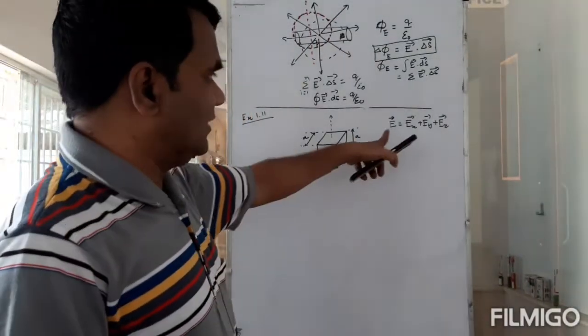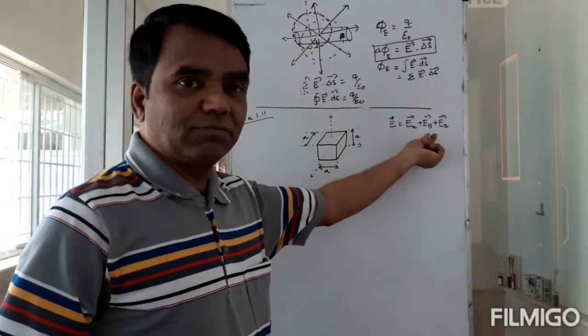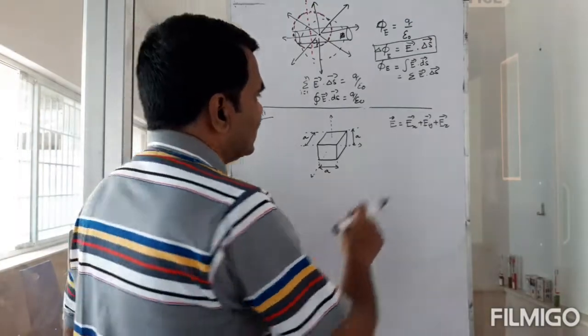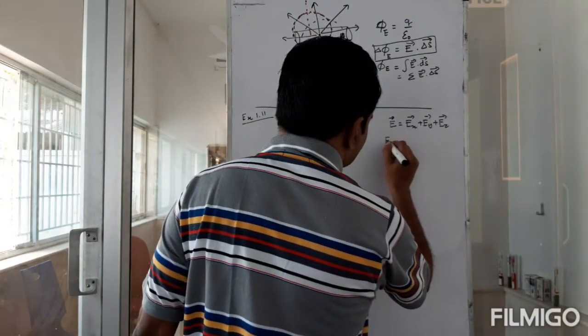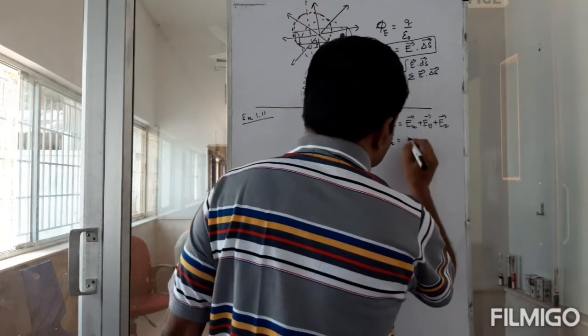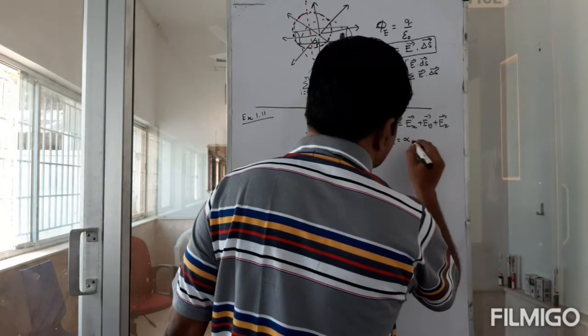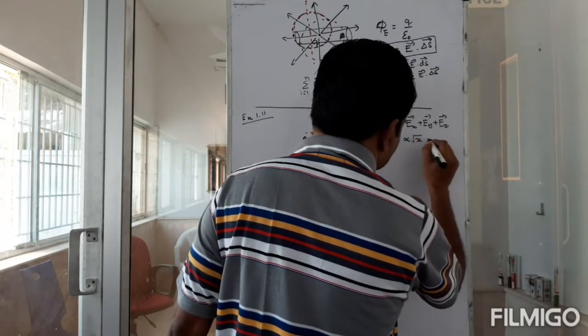But they also say that this E, and they give you the value for all these components. Right? Okay. What is Ex? Ex vector is actually a constant alpha into root x in the i direction.